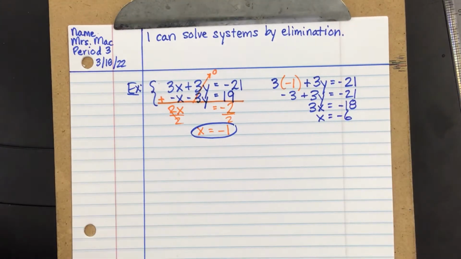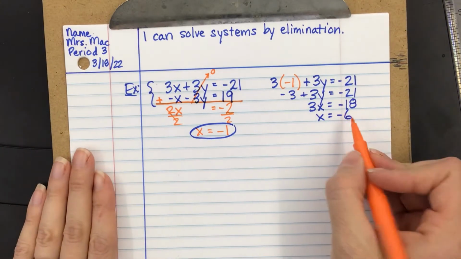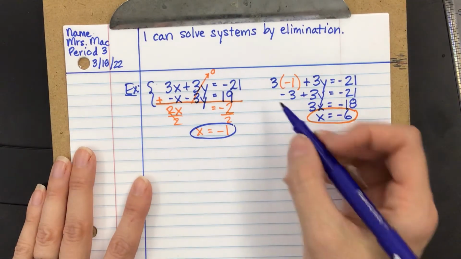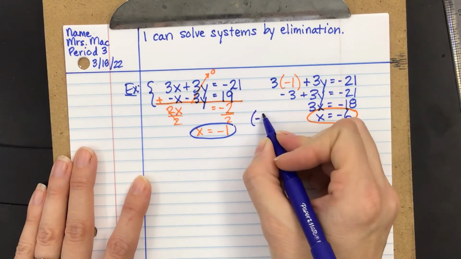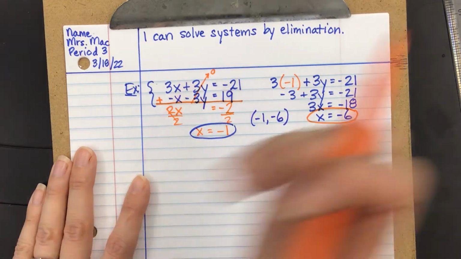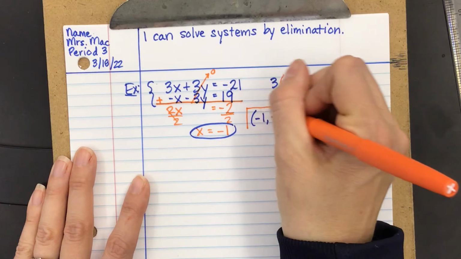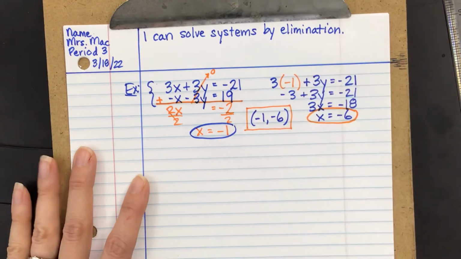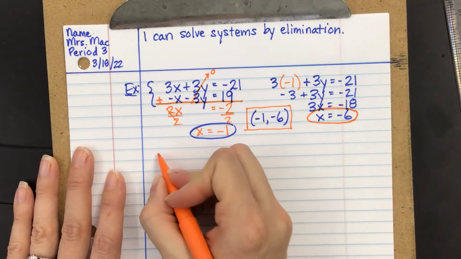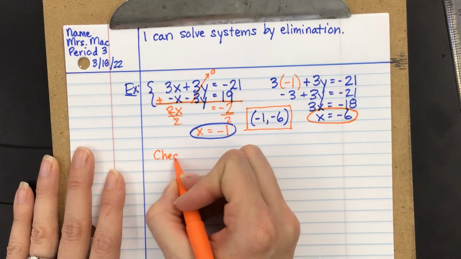All right, so our ordered pair is going to be negative 1, negative 6. Now I do want to make sure that I've done this correctly, so I am going to take a moment to check my answer.